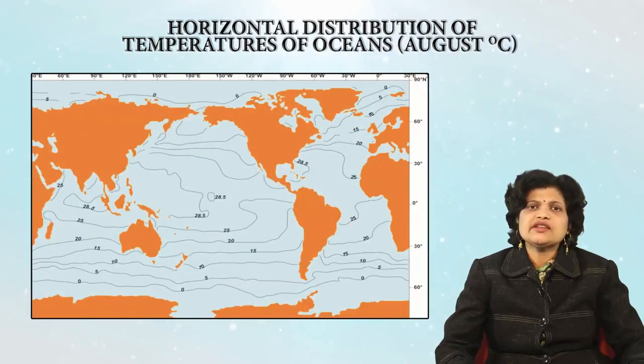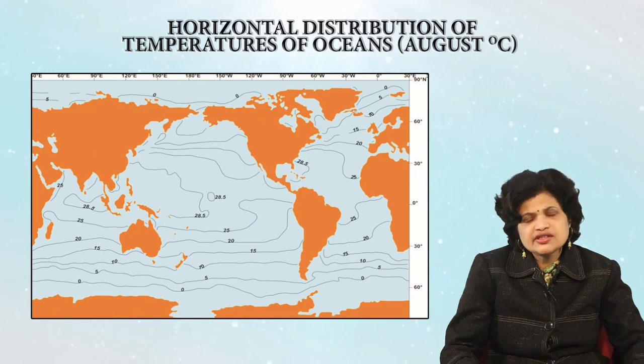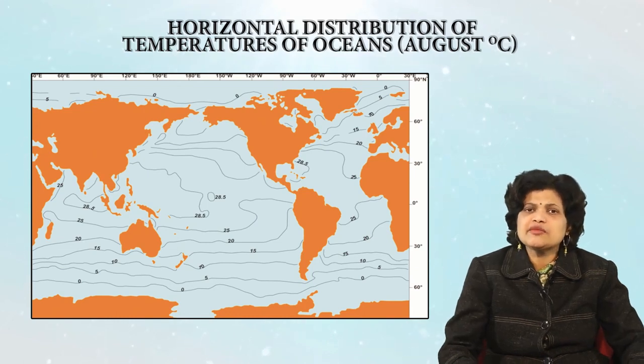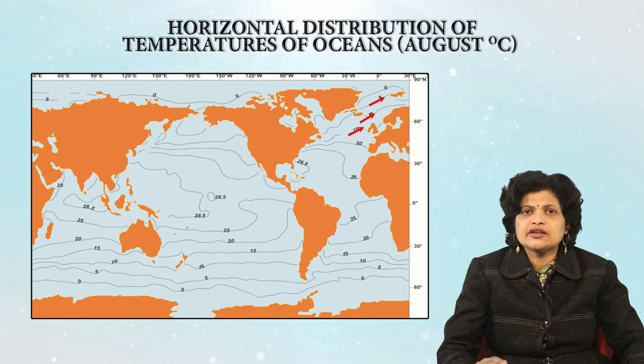Now you can see the horizontal distribution of temperature of the oceans in August. This has summers in the northern hemisphere and winters in the southern hemisphere. As I mentioned, in the Atlantic Ocean the isotherms are running a little bit northwards.